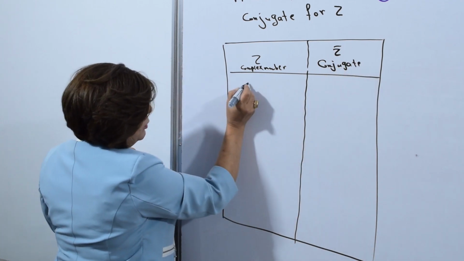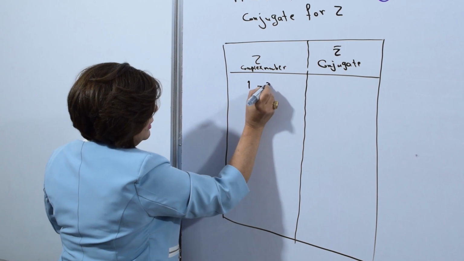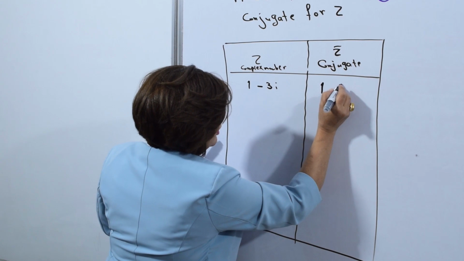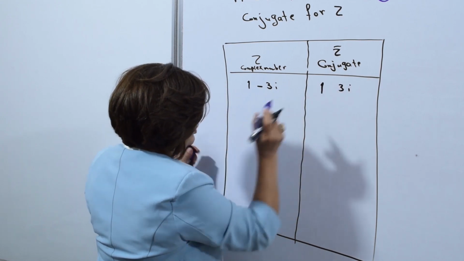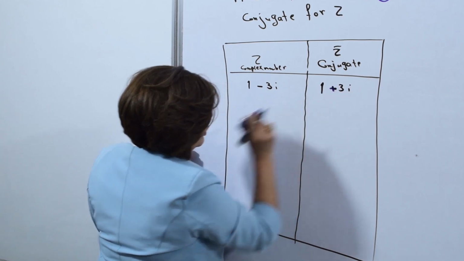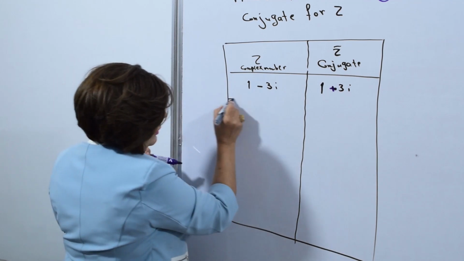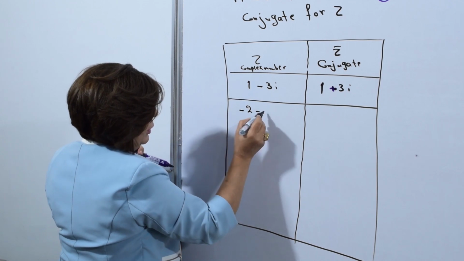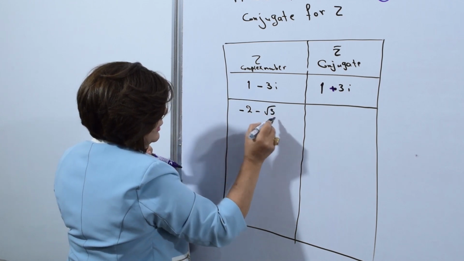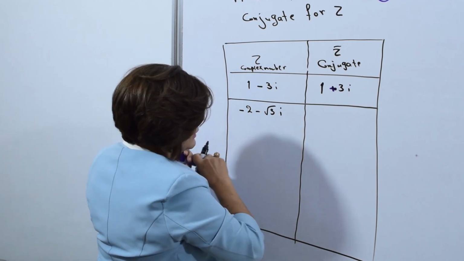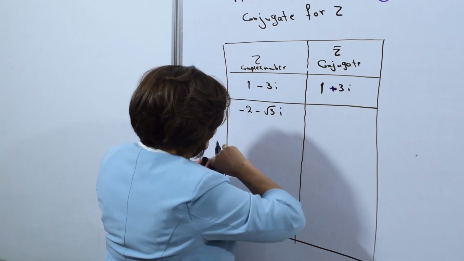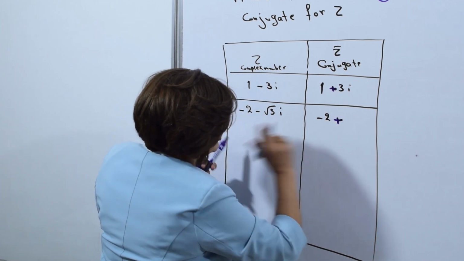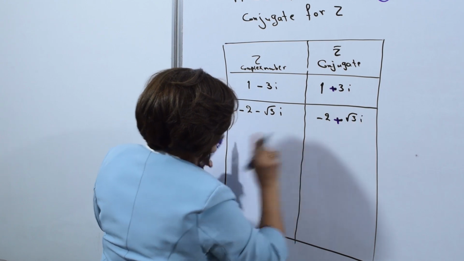If I say 1 minus 3i, you write in front of him 1 plus 3i. Change the sign of imaginary part, you write plus 3i. If I say negative 2 minus root of 3 times i, in this table you write negative 2 plus root of 3 times i.